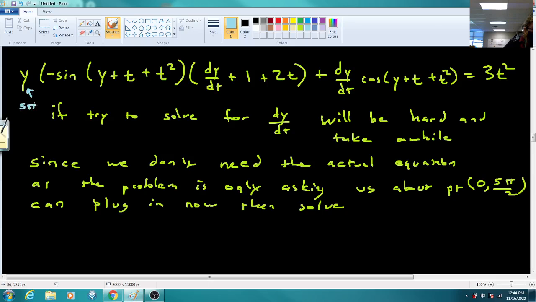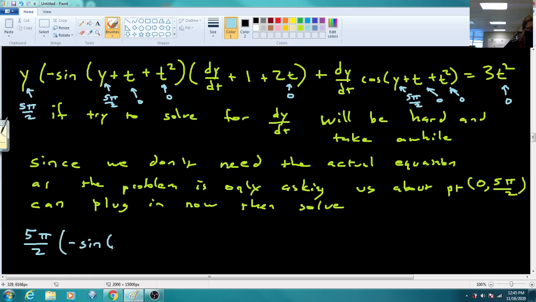So we're going to just go through. dy dt's stay dy dt's. Okay, so let's copy this all out. We get 5 pi over 2 for that initial y times negative sine of 5 pi over 2 plus nothing, so 5 pi over 2.